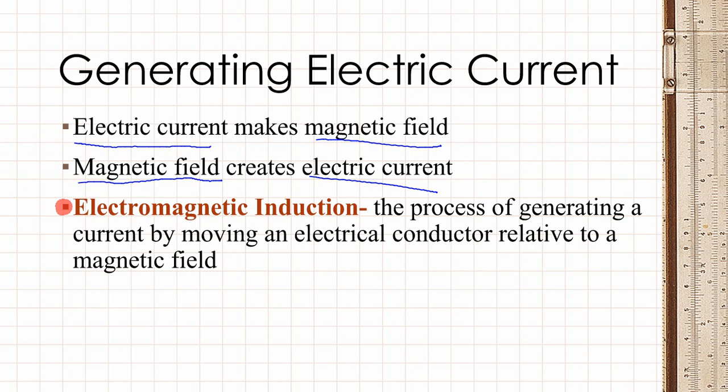This is the process of generating or creating a current by moving an electrical conductor relative to a magnetic field. So electrical conductor normally means wires near a magnet.